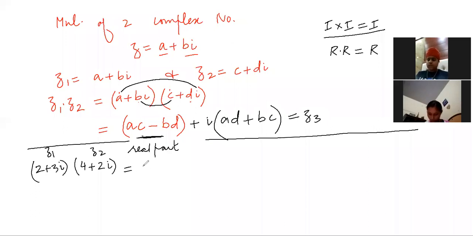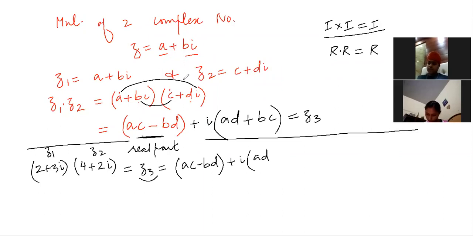So this will be equal to some other complex number. Let's say that is Z3. Every complex number has a real part and an imaginary part. The real part will be AC minus BD, plus it has the imaginary part i into (AD + BC). First outside and then we go inside.